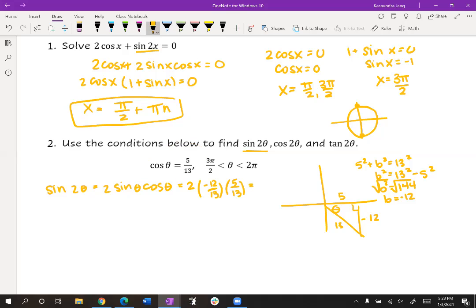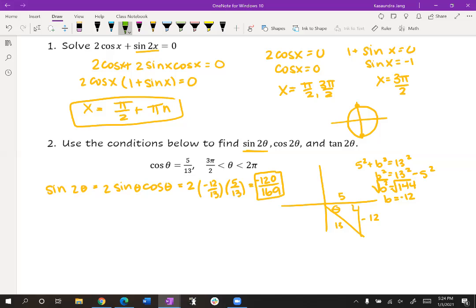Okay, so let's simplify this down to a single fraction. So I'm at a negative 120 over 169. Okay, and that's just my sine of 2 theta.